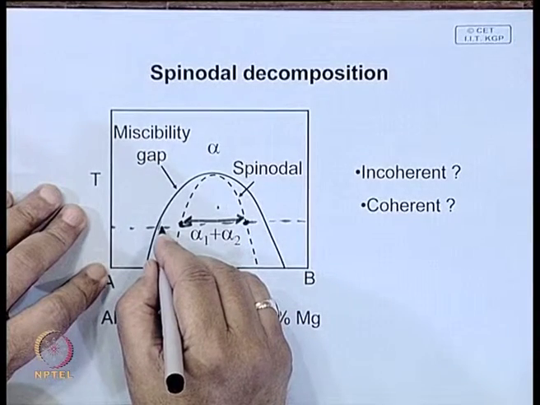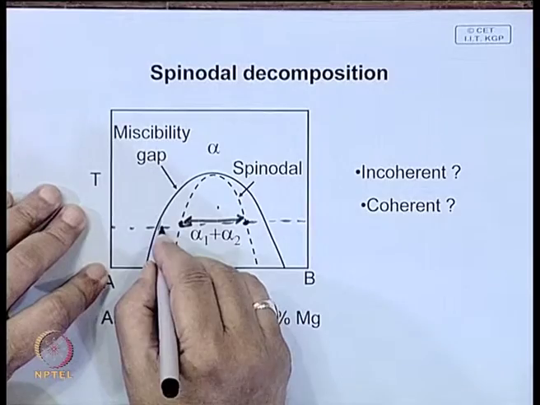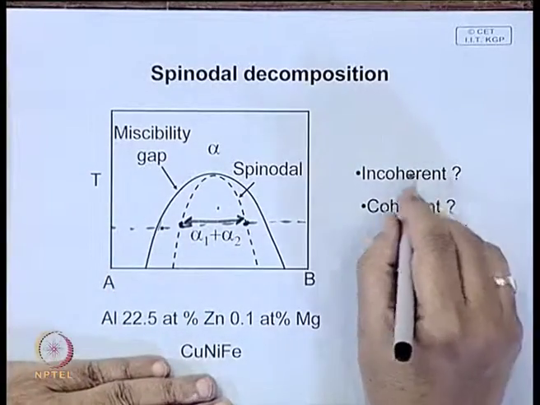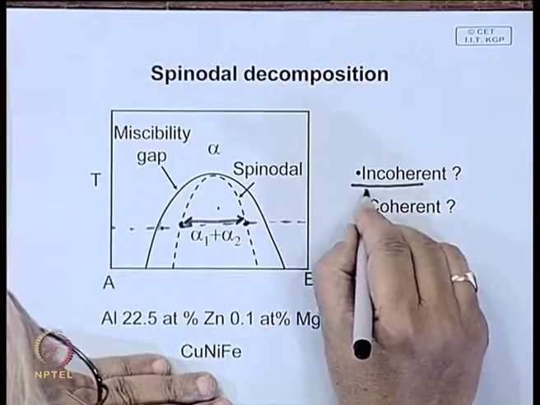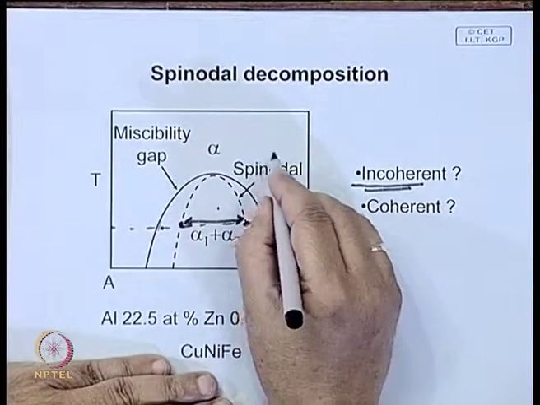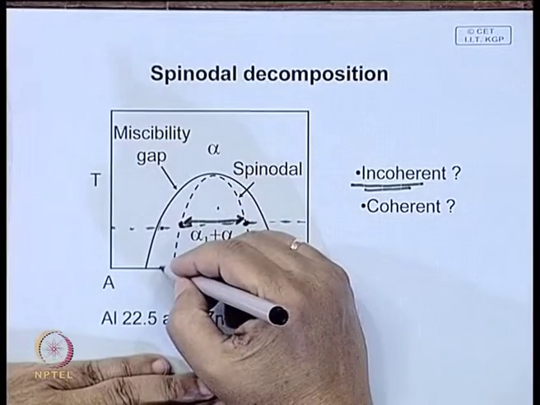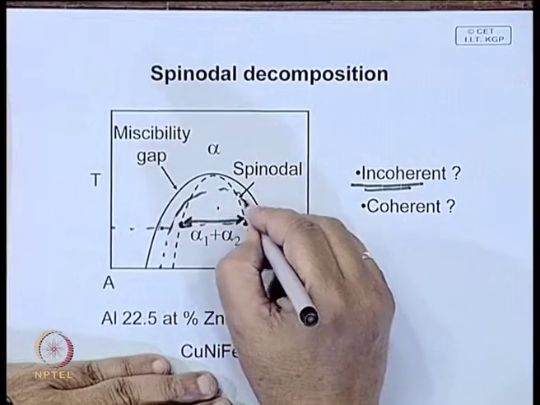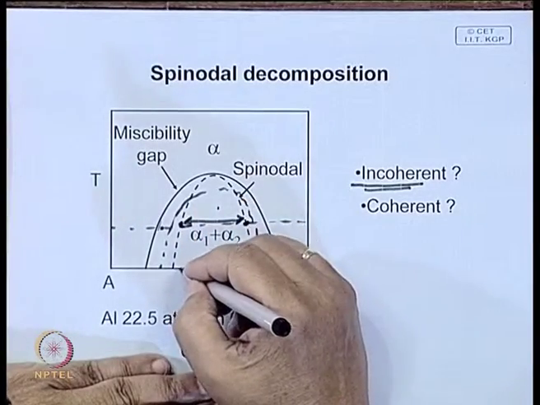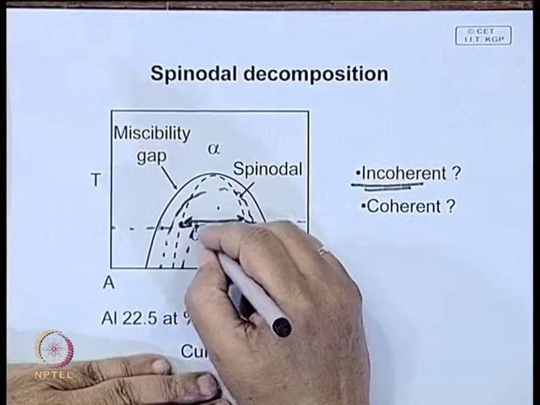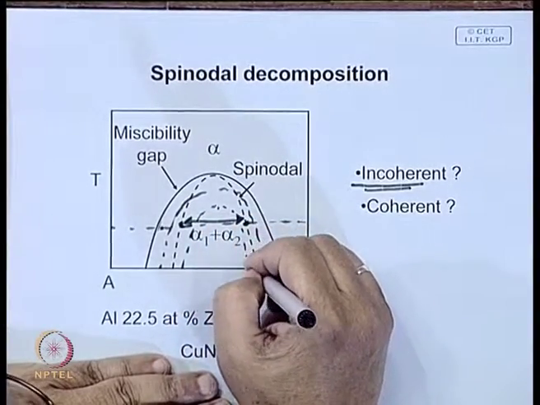Here it will be a normal nucleation and growth. And this is the case we are considering where the precipitate is incoherent. If the precipitate is coherent, the solvus curve for coherent precipitate will be somewhere here. Similarly, for coherent precipitate you will have a different spinodal.